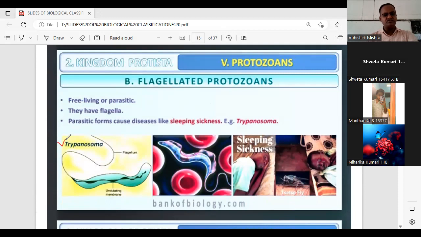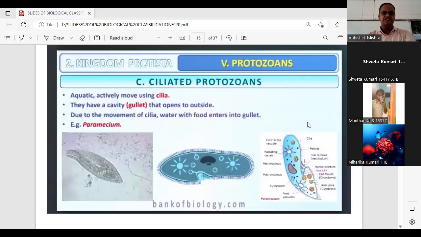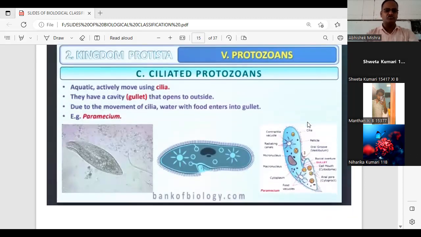This Trypanosoma causes diseases like sleeping sickness. And this is the structure of the flagellated protozoan, Trypanosoma. Next slide, we will discuss the ciliated protozoan.